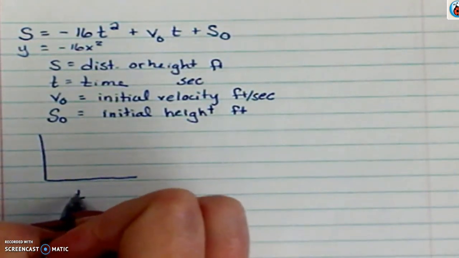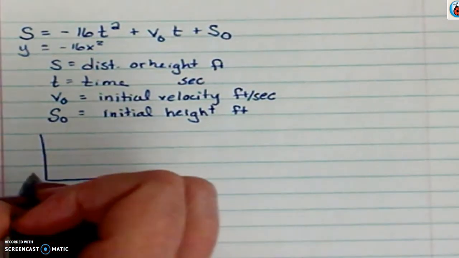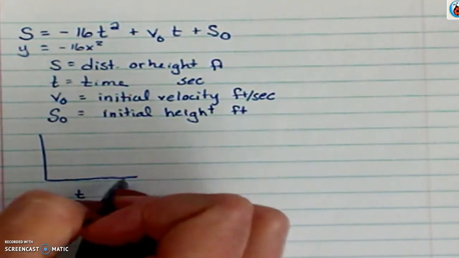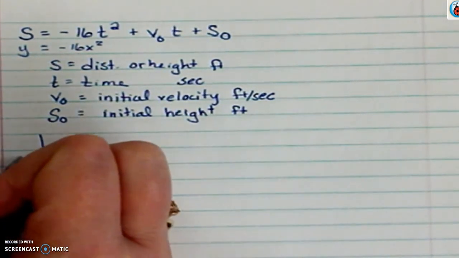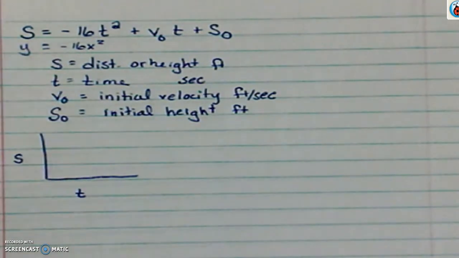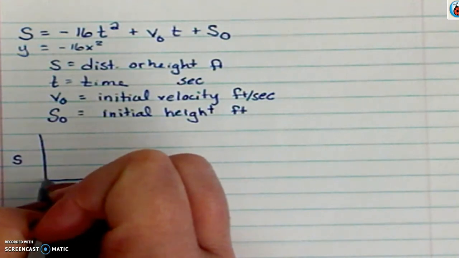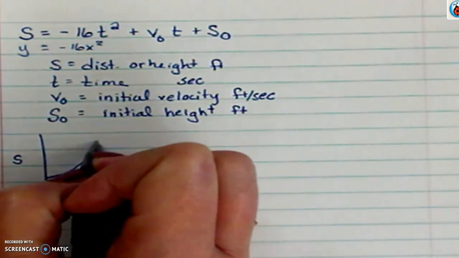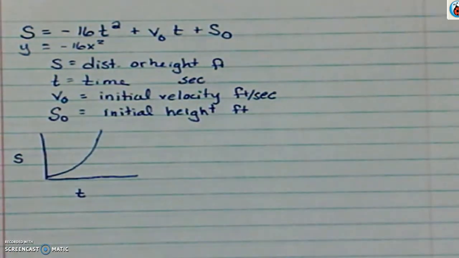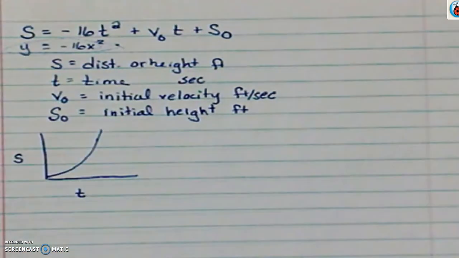Your t is your x value, so time is along the x-axis, the independent value, and your height is your y value, the dependent value. If we were to look at some graph that deals with that, I'm only looking at half of this parabola here. It's a negative, so it actually turns down if I refer to this problem right here, but I already drew it going upwards.